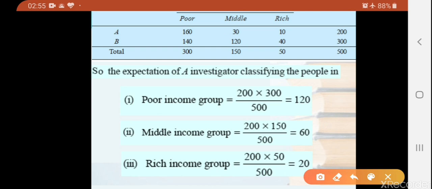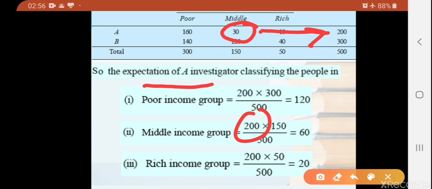Again we are calculating for investigator A, so we are interested in A only. For the middle one, this is the data, and the corresponding row total is 200 and the column total is 500.